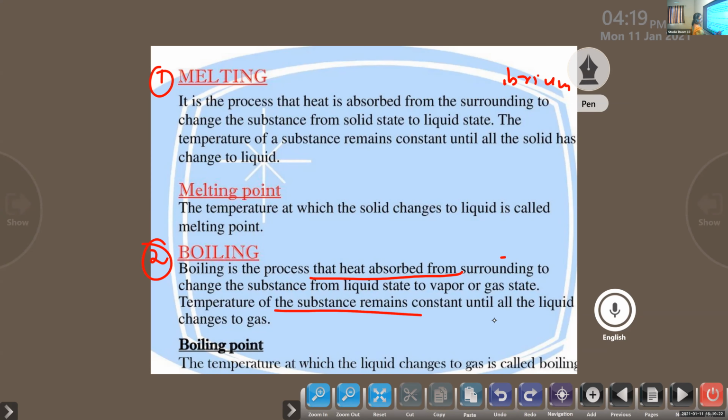The same thing, it will continue till it attains a thermal equilibrium. Thermal equilibrium means the temperature remains constant for a while.